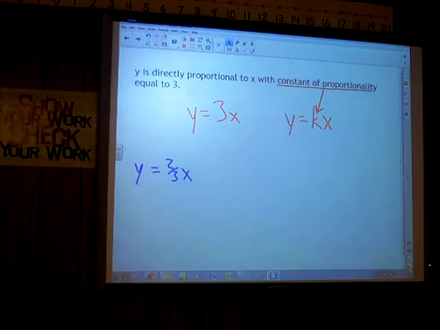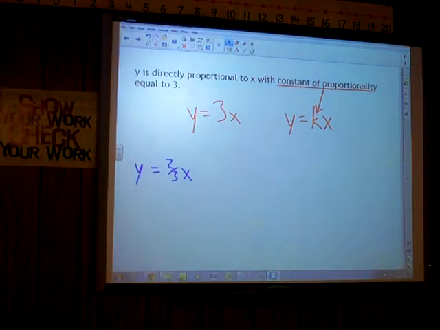Sam? T. Okay. T is the one that is varying, right? Just like in the previous one, y was what was varying, and it was varying as s changes, right? That's what that's saying.